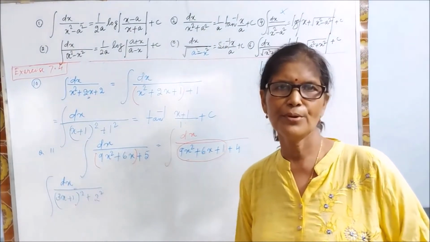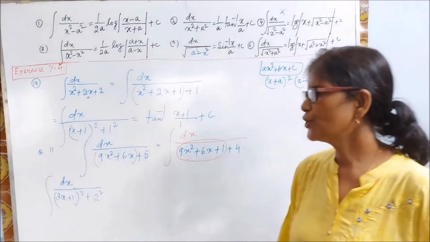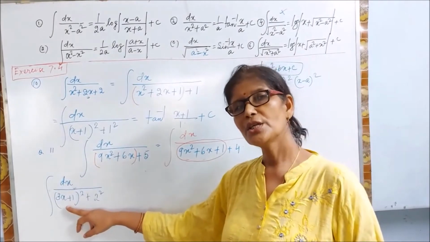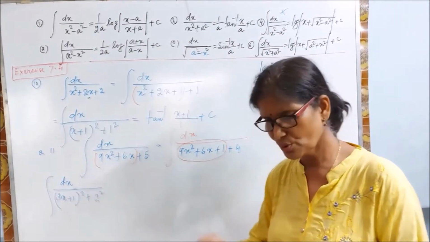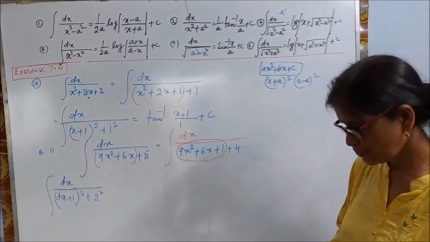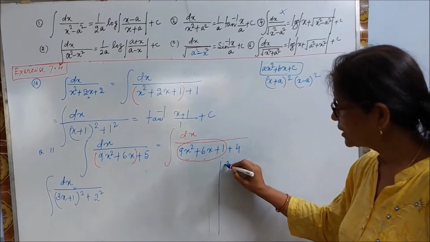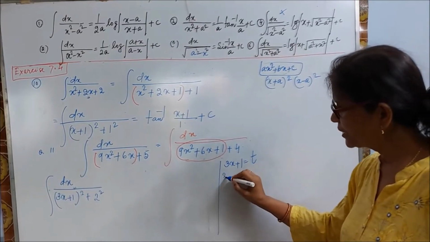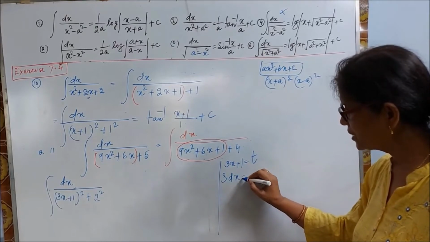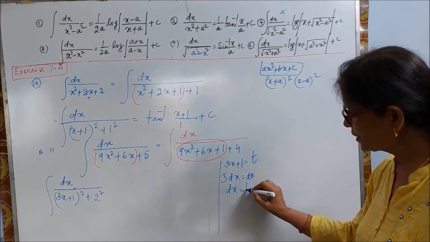So we will put in the formula tan inverse. But before that, we are taking t as 3x plus 1. Don't put directly 3x plus 1 by 2. No. You have to mentally think that here 3x plus 1 is t, then 3 dx is equal to dt, or dx is equal to 1 by 3 dt.